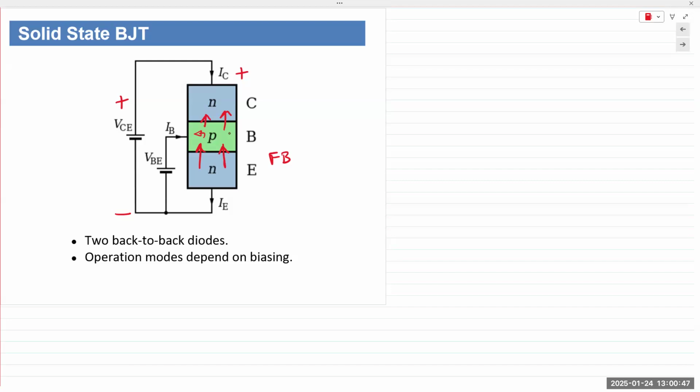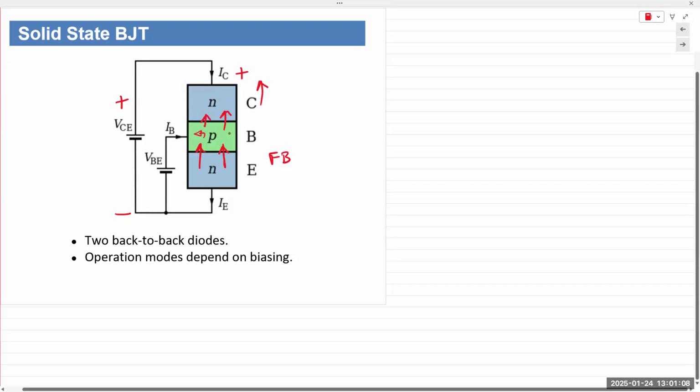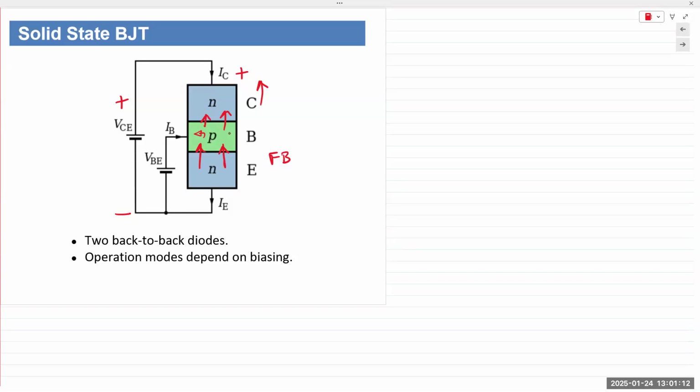It does not behave like a regular PN junction diode. So there's a current flow that results through the collector. Some of it goes to the base, but most of it would go to the collector. And that gives us an amplifying effect. A small input current at the base results in a very large current at the output at the collector. And so we'll study that as we go along later on in this chapter.